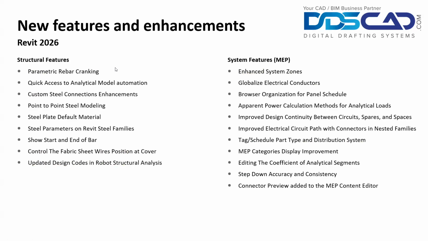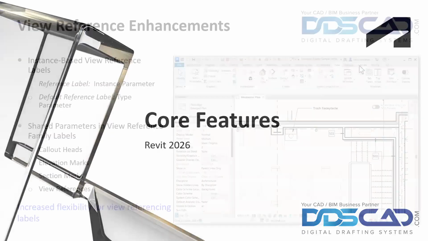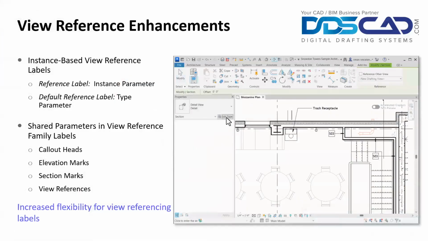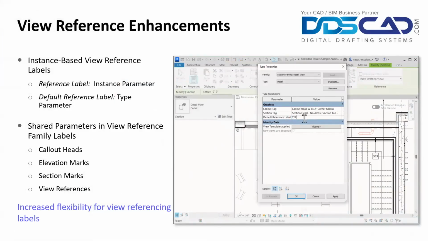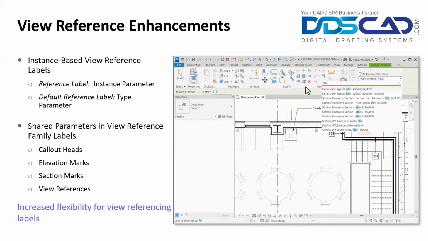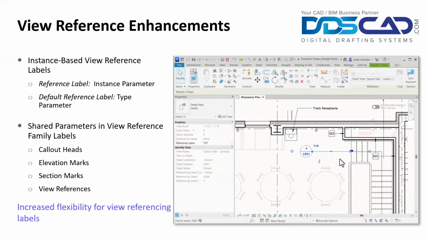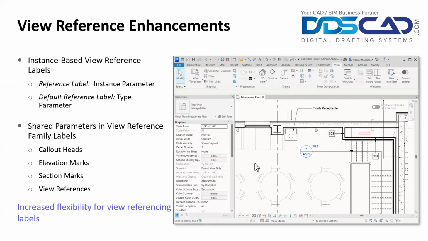Okay, moving forwards, we now come to some core features for Revit 2026, starting with the view reference enhancements. Due to time constraints, we will not be seeing a demo on this particular slide, but we will be placing some blogs on our blog site for you to look at more specifically.